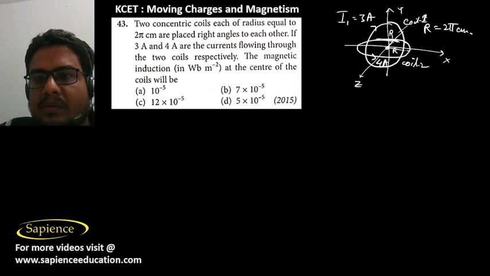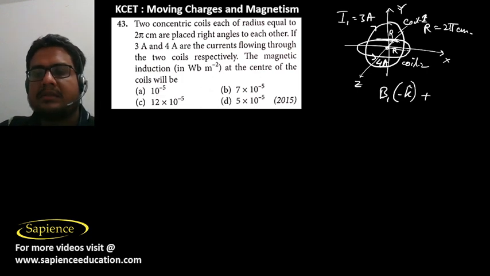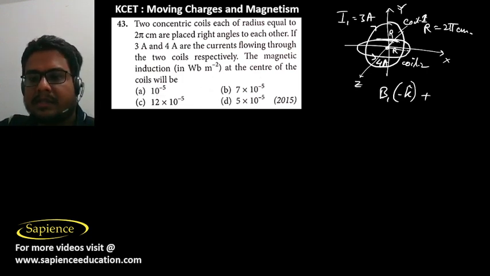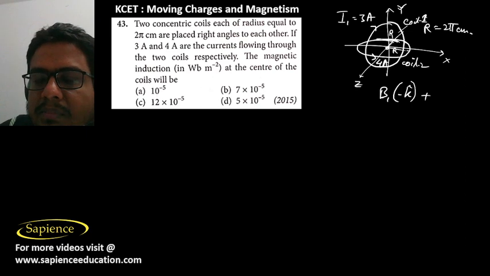For coil 1, the magnetic field B1 will come along negative z-axis, along negative k cap, and the magnetic field due to the second coil will be along the positive y-axis, since it is in the xz plane, so it is along j cap.